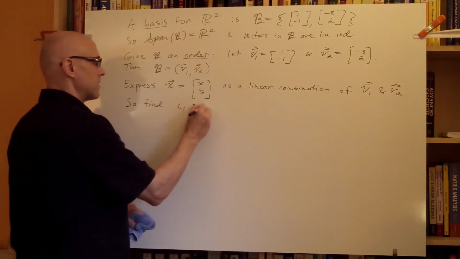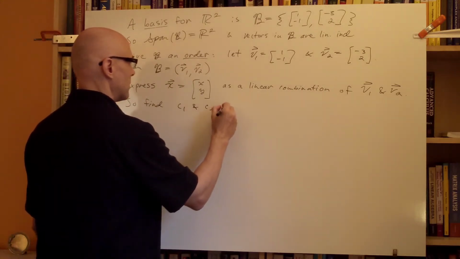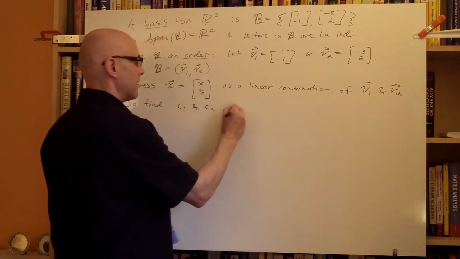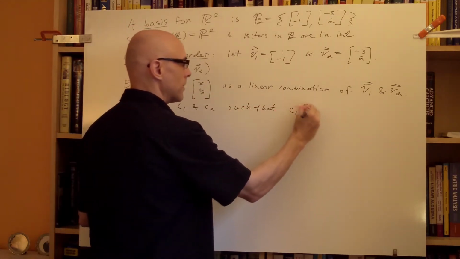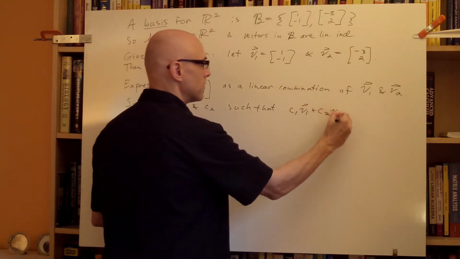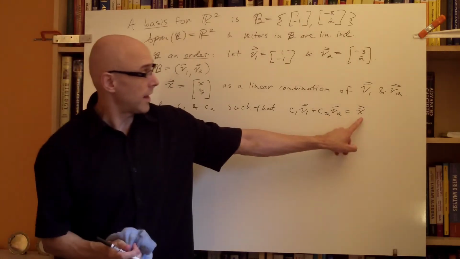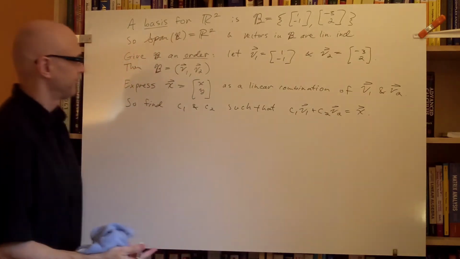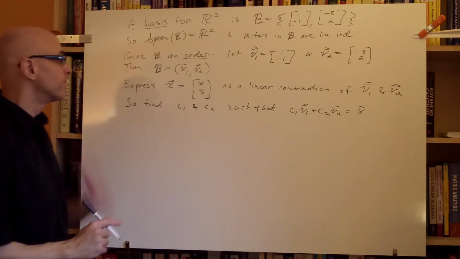Find C1 and C2 such that C1 V1 plus C2 V2 is equal to x. So x would be a linear combination of V1 and V2, right.